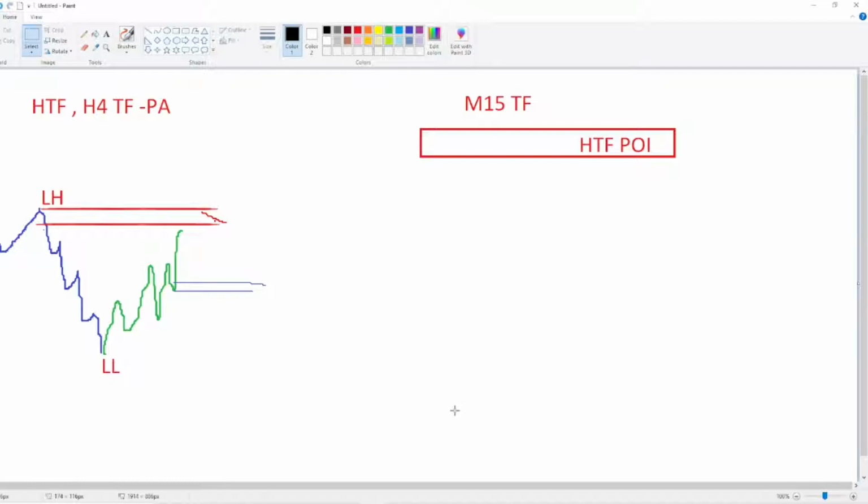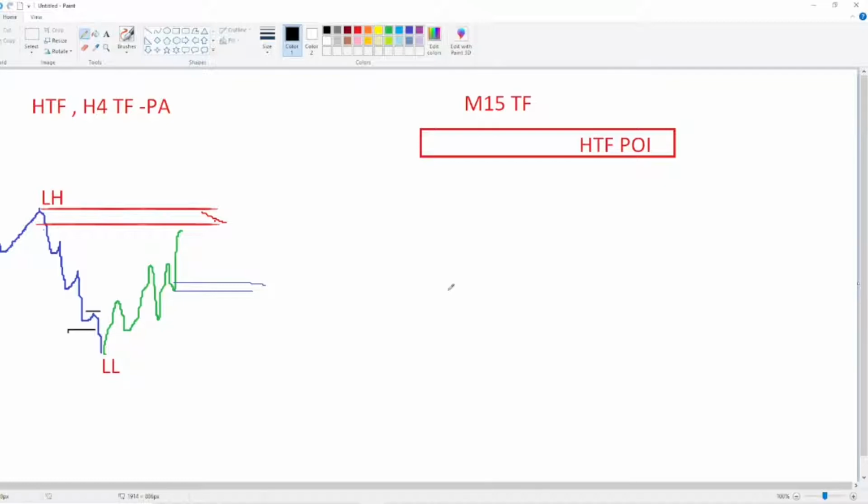Now if we have this low, high and lower low, the market took this liquidity and broke internal structure, or change of character, or mid-term structure. It's all the same.